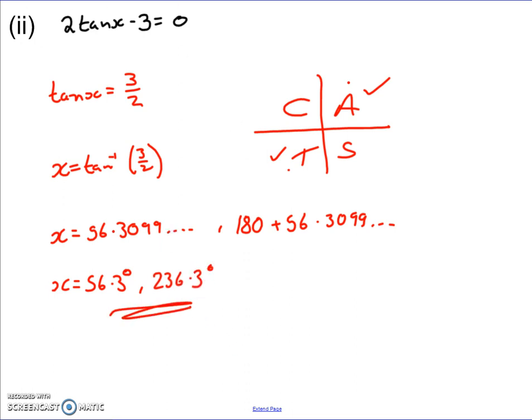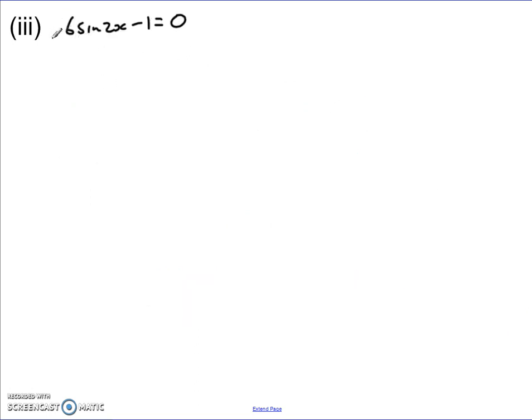Ones like this are fairly straightforward to solve. Just think of them in terms of a normal algebraic equation we're working through and solving. This one here, sine 2x minus 1 equals 0, has a slight edge to it that we need to take into account, and that's the 2x. But this can be dealt with in a fairly straightforward manner. We've got our limit already of 0 less than or equal to x less than 360.